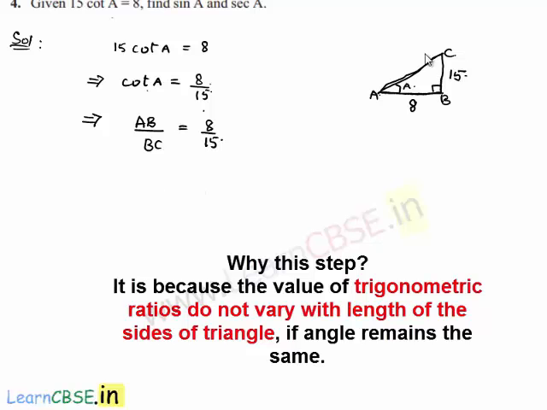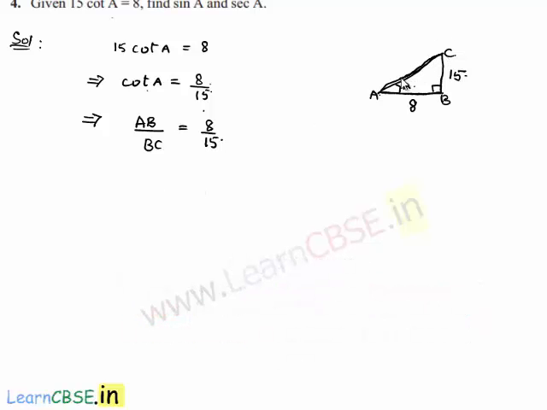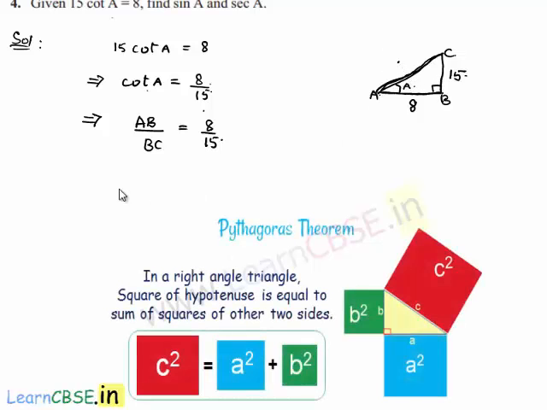So here we can write AB as 8 and BC as 15. Now in order to get sine A and secant A, we need to find the value of AC, the hypotenuse. Now by applying the Pythagoras theorem to triangle ABC, we know that the hypotenuse square is equal to the sum of squares of the other two sides. Here we can write AC square is equal to AB square plus BC square.